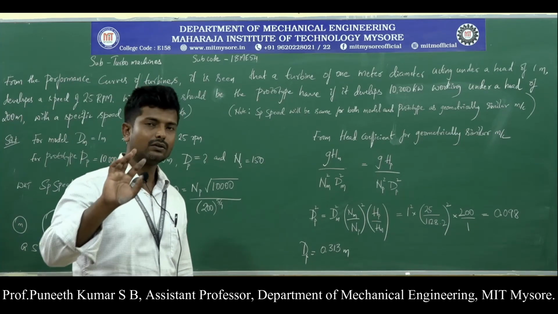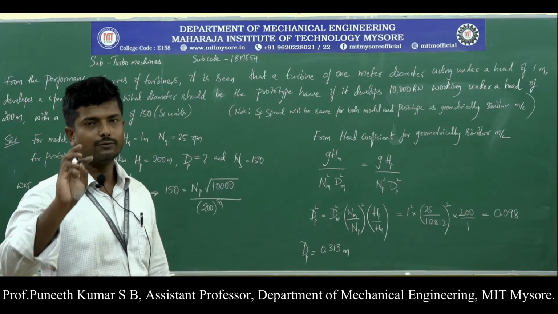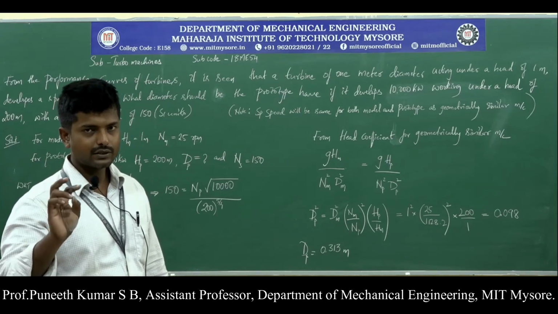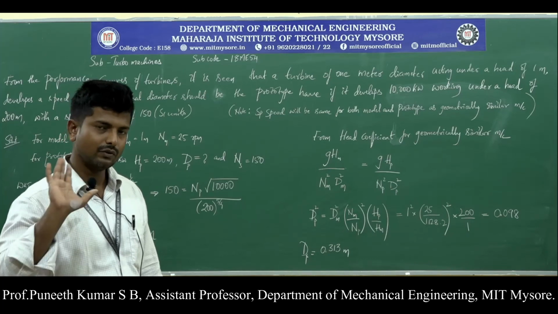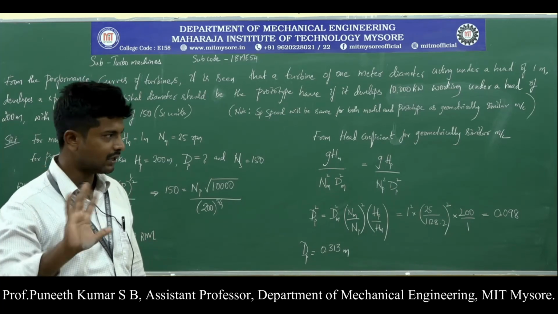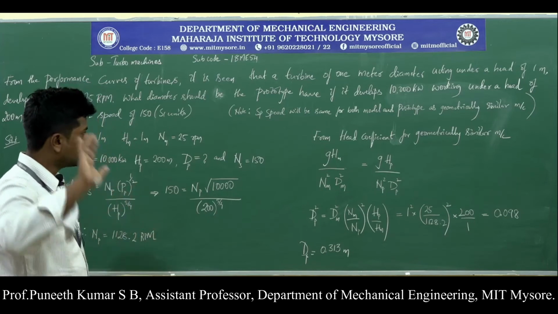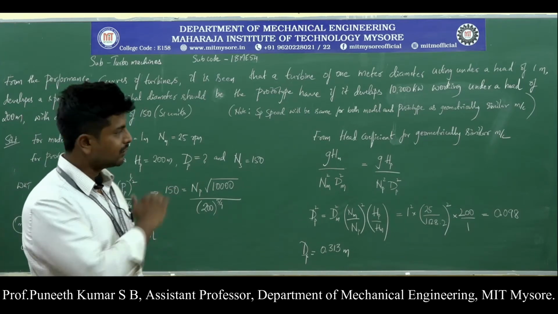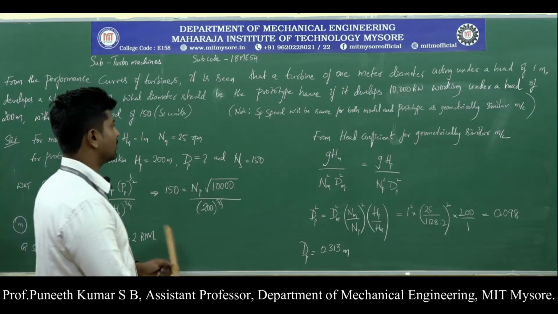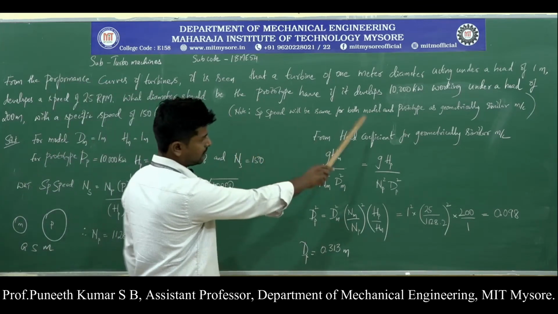So the coefficients, such as flow coefficient, head coefficient and power coefficient, of geometrically similar machines will always remain the same, they will not vary. By making use of this particular point, we will be solving this problem, and I have also written this as a note.